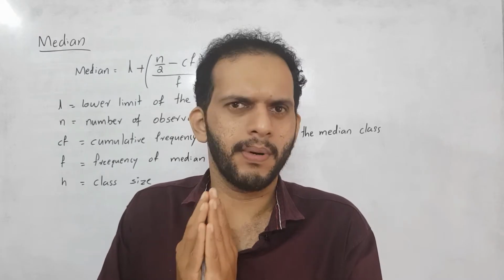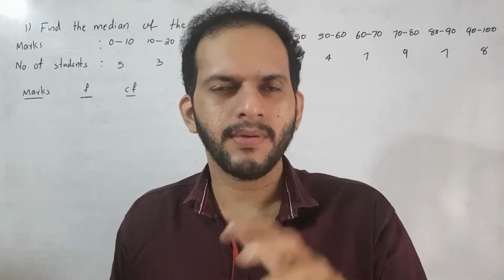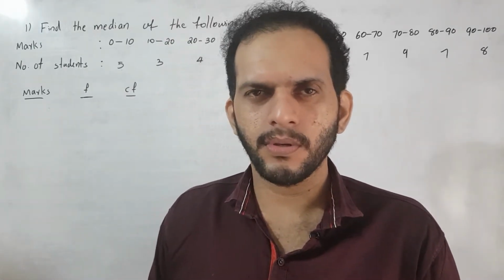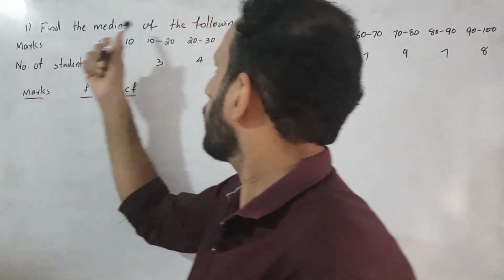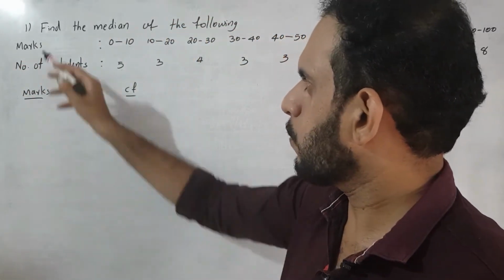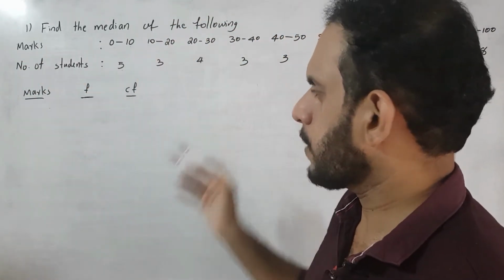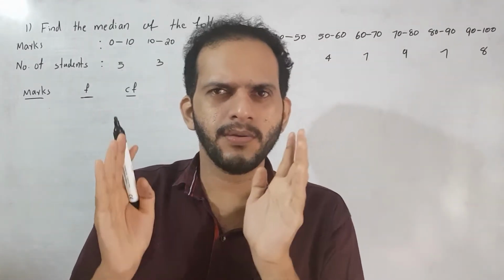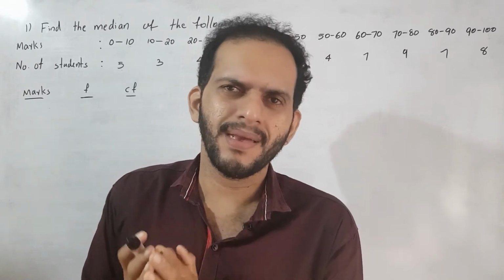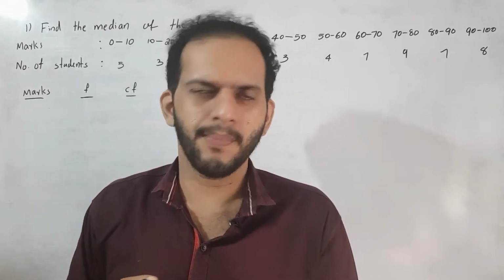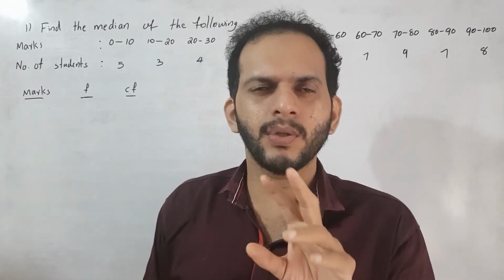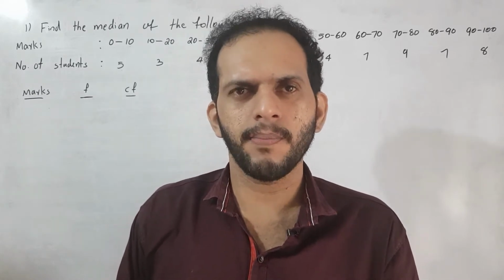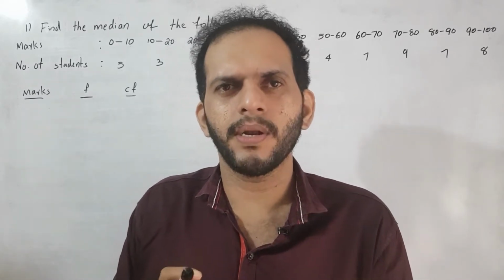Here we are discussing the first example of the median. The question is: find the median of the following, and the classes and corresponding frequencies are given. For finding the median, the first step is to make a cumulative frequency table. We have two types, less than and greater than, but most commonly we use the less than cumulative frequency table.